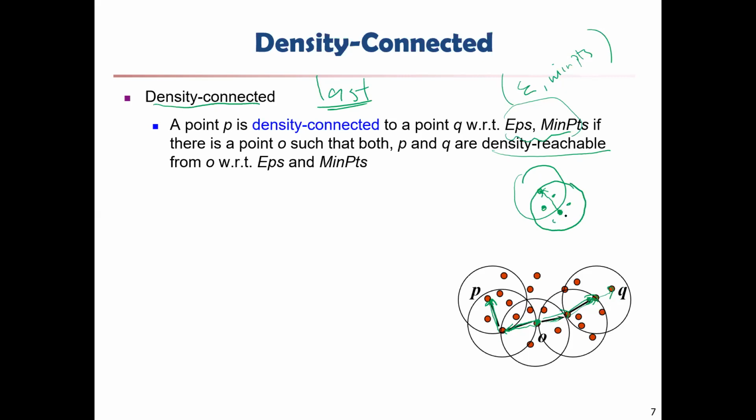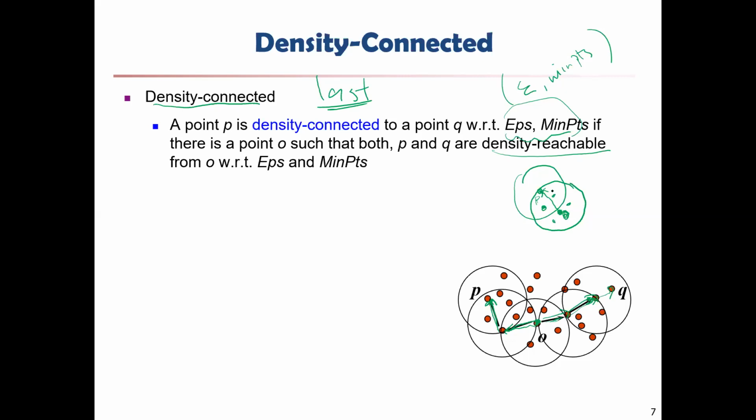Let's say there is an O here, and there is a P. You can say, hey, P is in the neighborhood of O, and P is directly reachable from O. That's correct. And O is a core point, but P is not a core point. Suppose your condition to be a core point is to have at least 5 points around you.